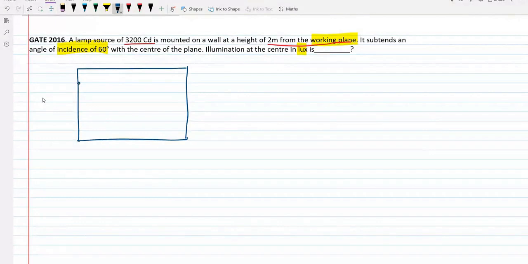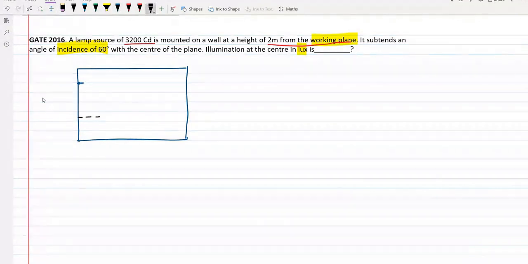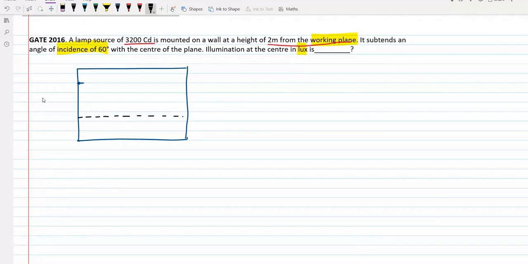So just imagine this is mounted here, on a wall at a height of 2 meters from the working plane. Now imagine this to be the working plane. It's mounted 2 meters from the working plane.